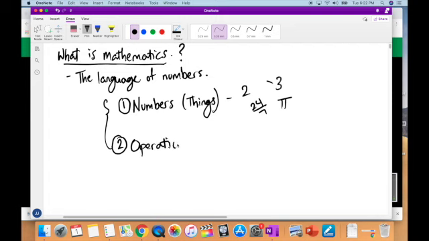What are operations? Anybody? Nobody knows what an operation is? Well, you can tell me what it is.